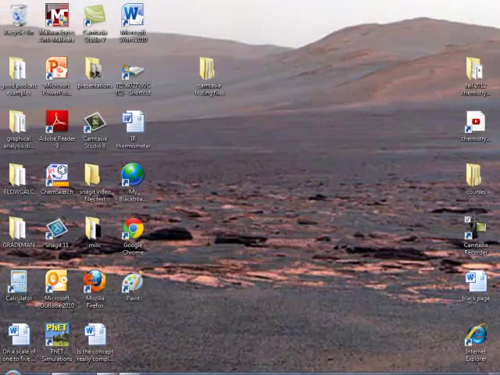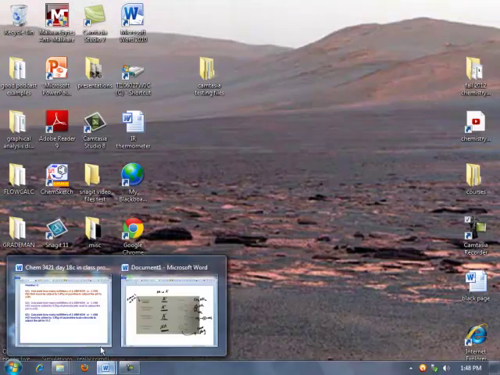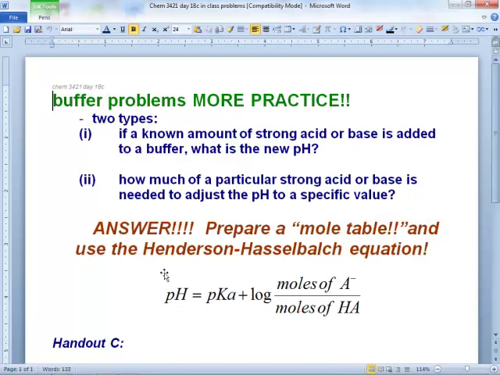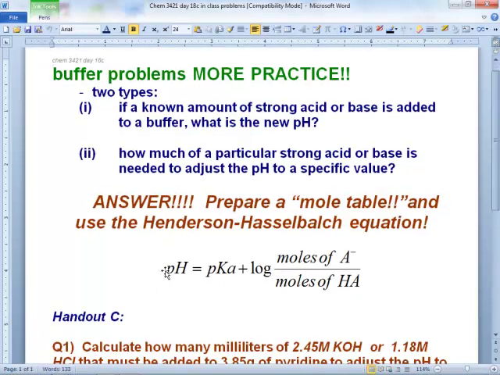Let's see how good you are at it. Okay. Here's our buffer problems. More practice. If a known amount of strong acid or strong base is added, what's the new pH? Again, make a mole table. How much of a particular strong acid or base? How many milliliters of this 0.28 molar potassium hydroxide do I need to add to this buffer to get the pH a certain value?